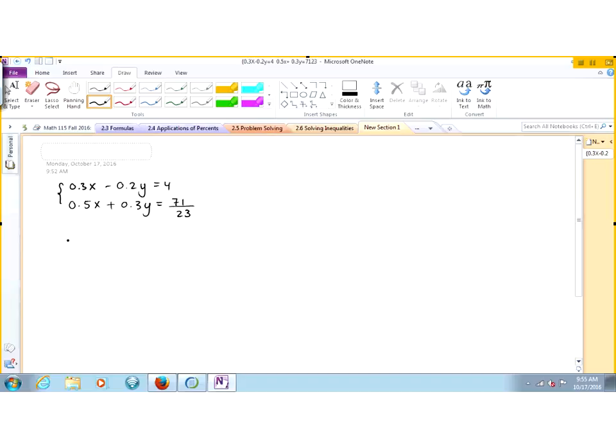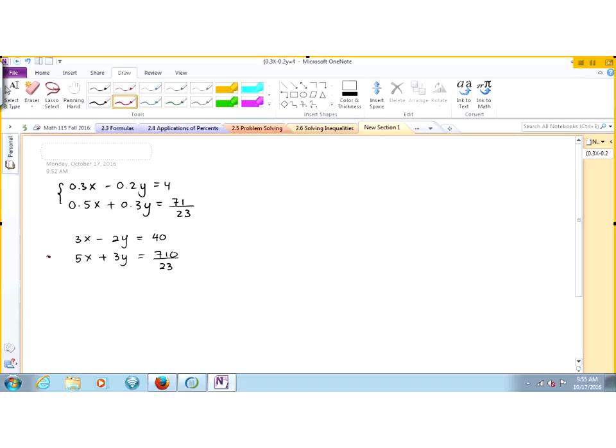Okay, that's right. So let's multiply everything by 10. So here, what do we have? 3x minus 2y is equal to 40. Okay, good. What about these? Get rid of the decimal first? Yes. 5x plus 3y is equal to 710 over 23. Okay, good. Then what?